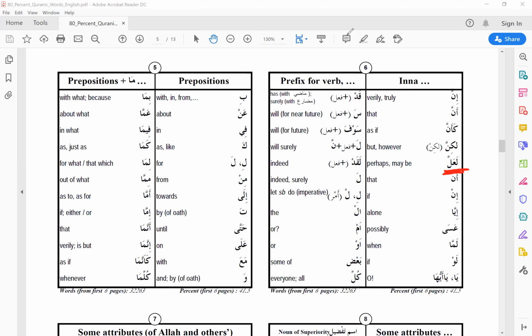But here, لعل would mean in this situation, perhaps, maybe. Maybe we are in hope, and perhaps.